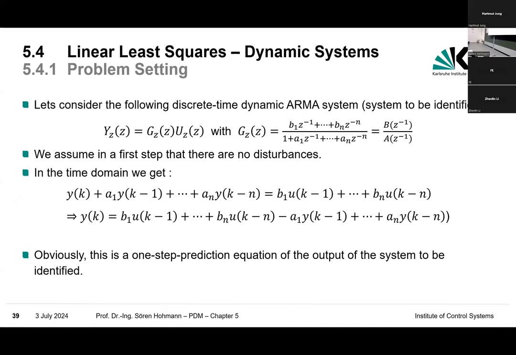So A and B we are seeking, and the only thing we have is measurement data, Y and U. Well, let's make it very simple, because if you know B1, B2, B3, etc., and A1, A2, etc., then with this knowledge you can predict the actual YK with your model, right?